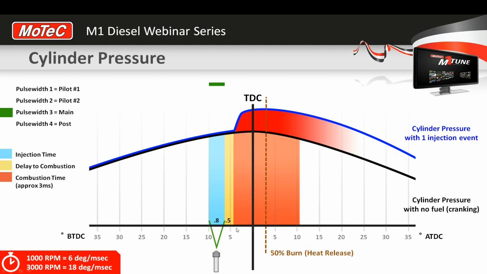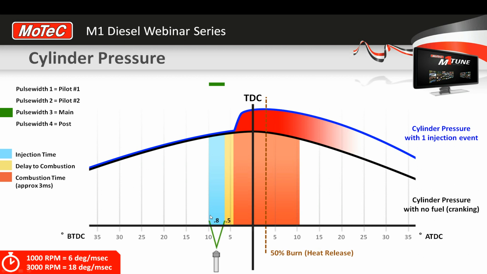That mightn't be too bad, but if you take that same amount of fuel and inject it at 3000 revs, 1 millisecond lasts for 18 crankshaft degrees. So 2 milliseconds will be 36 degrees of crankshaft before the fuel is all in the cylinder.